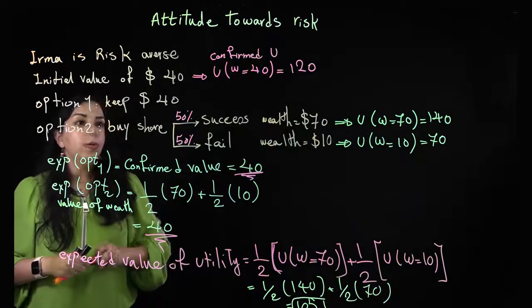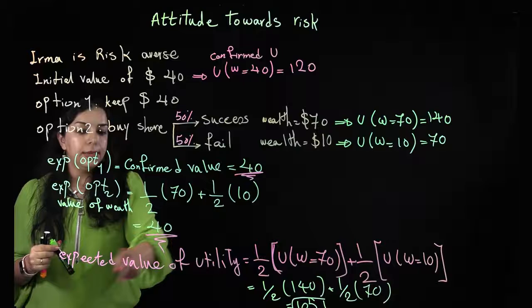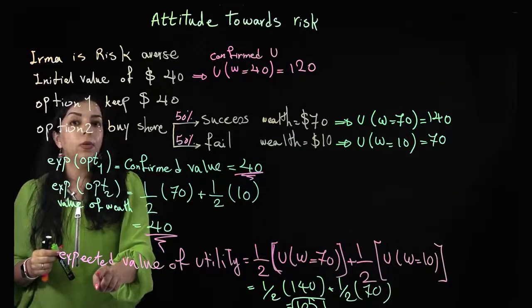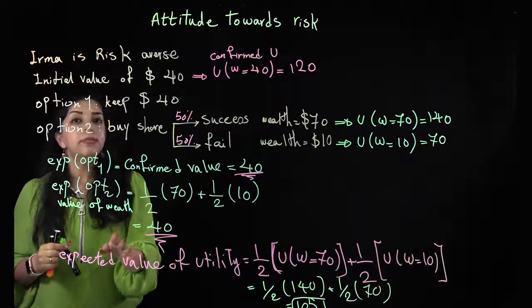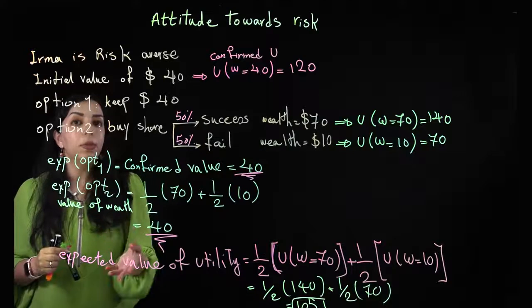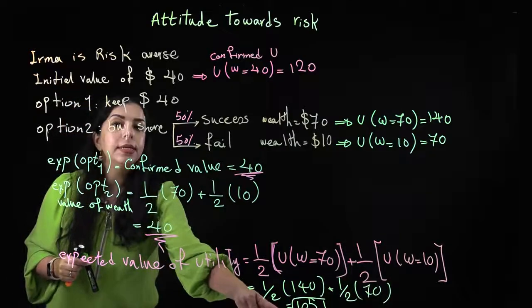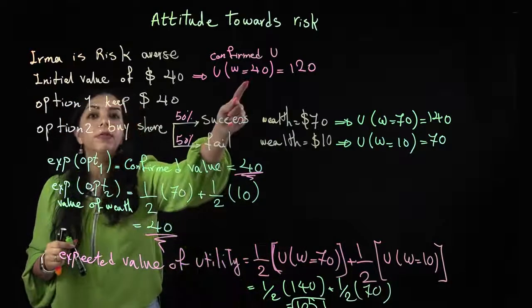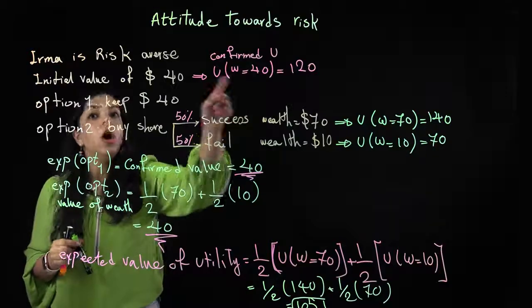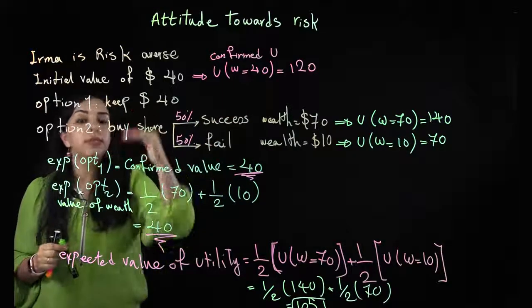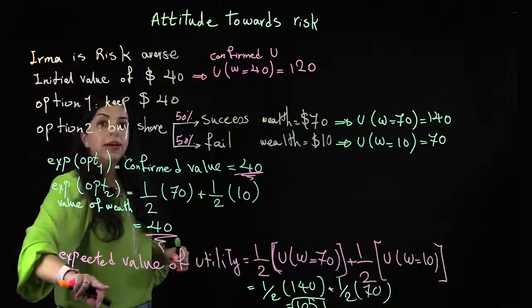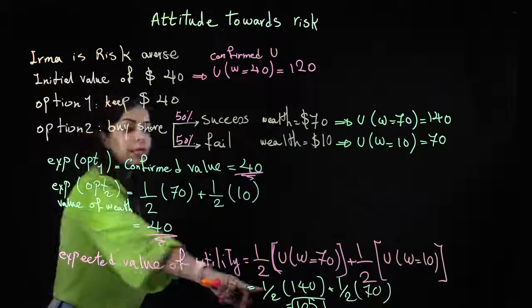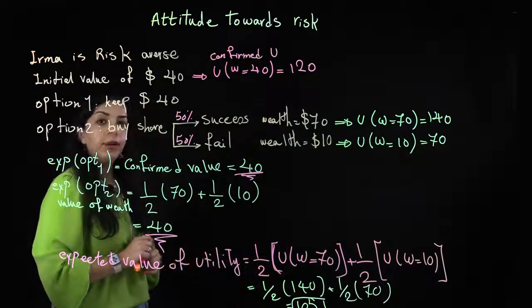If you compare these two scenarios, in the second scenario, which is investing in the shares, since the concept of risk is coming in, the utility is less than the utility of the confirmed value of the wealth, although the value of the wealth in both scenarios remains the same, 40 units. But here, since we have the risk, the utility has dropped to 105.